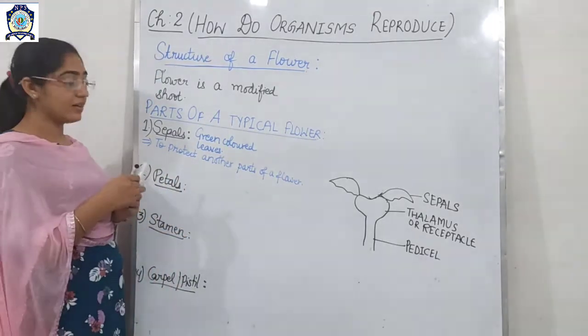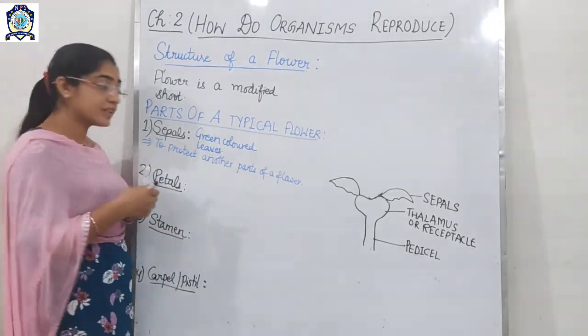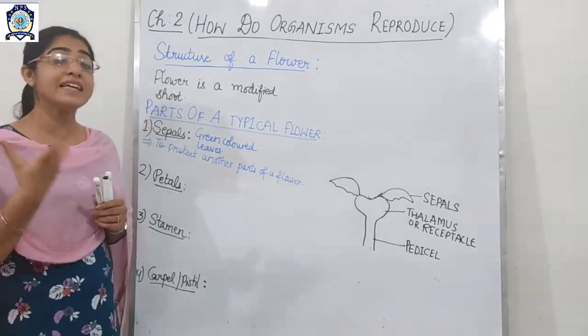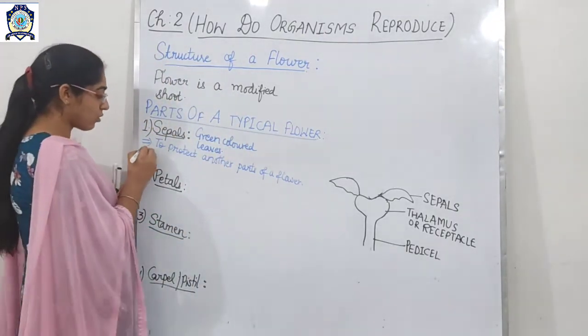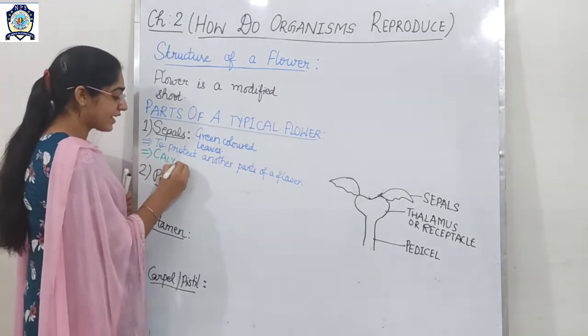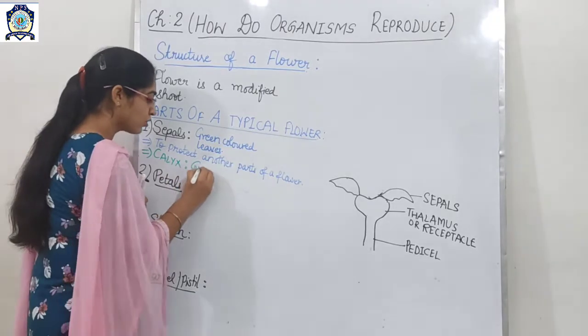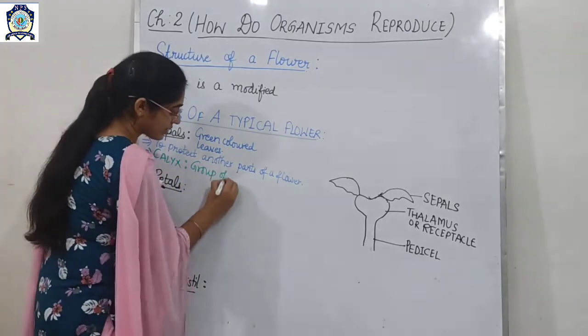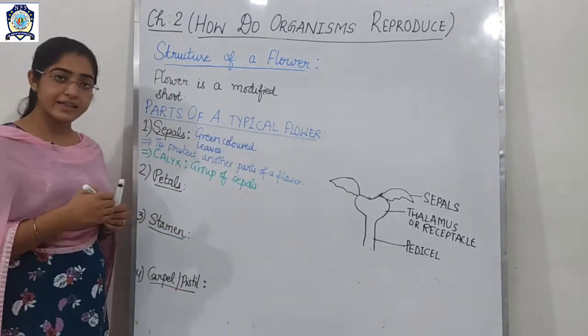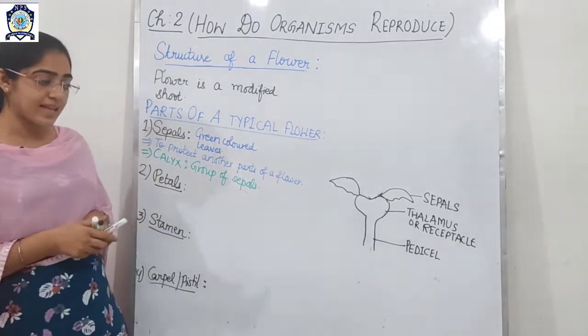And a group of sepals, a group of green colored leaves, is called the calyx. So the calyx is the group of sepals.